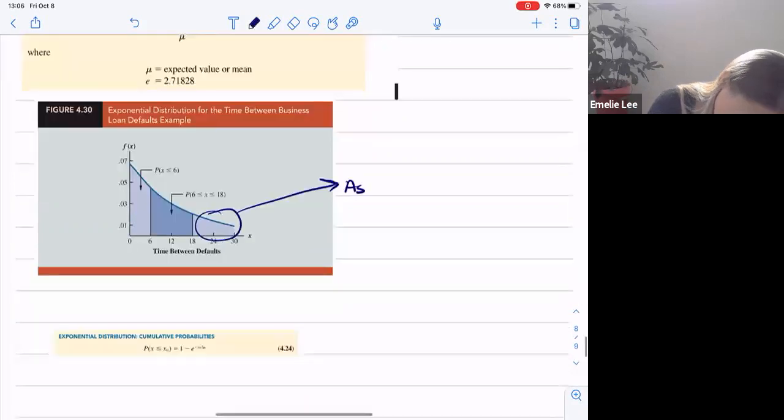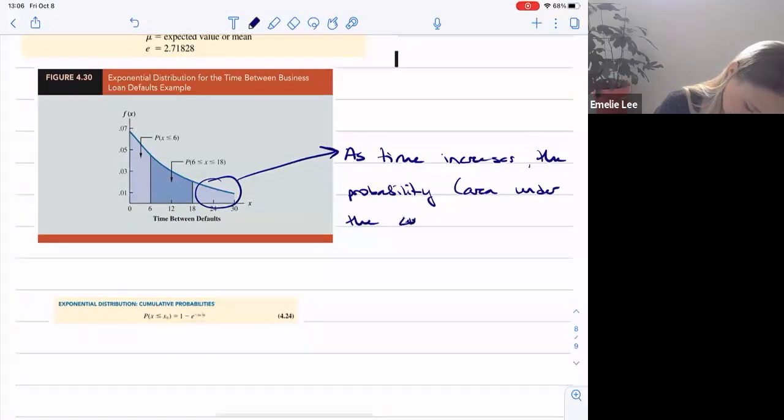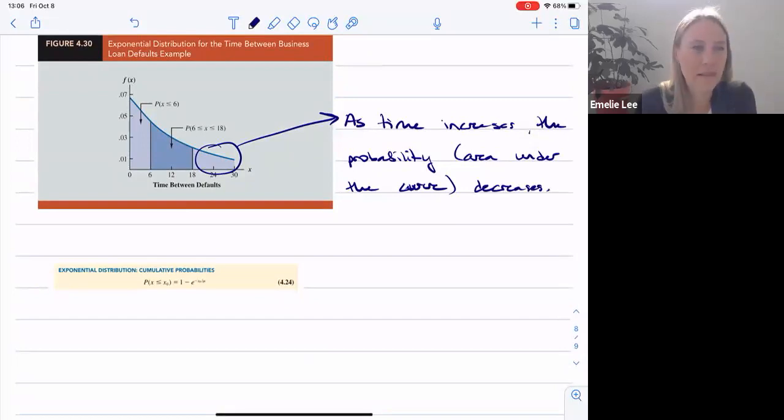So as time increases, the probability, which is the area under the curve, decreases.